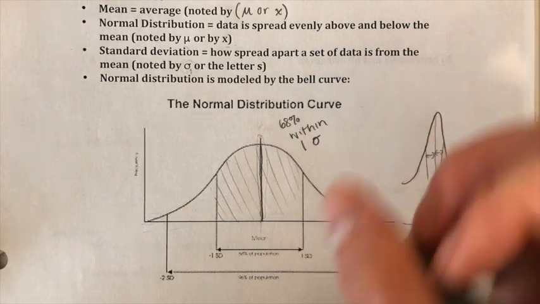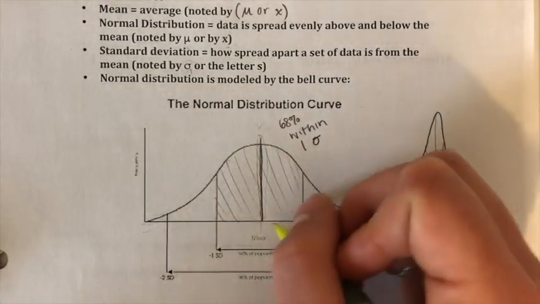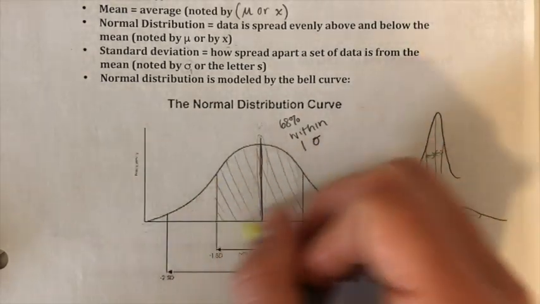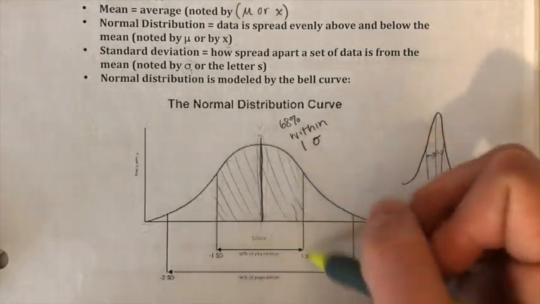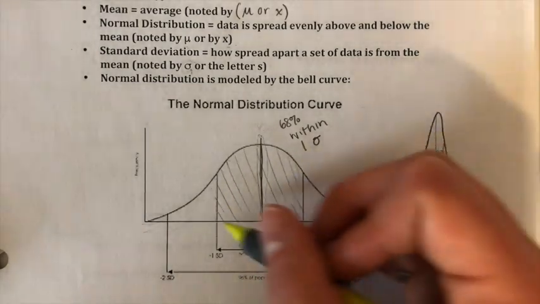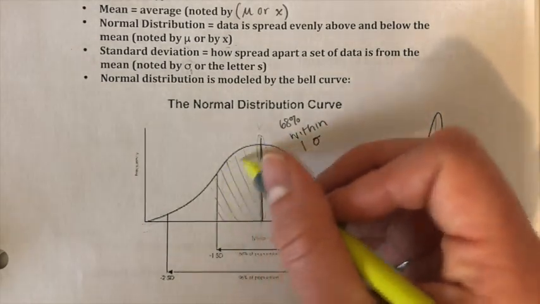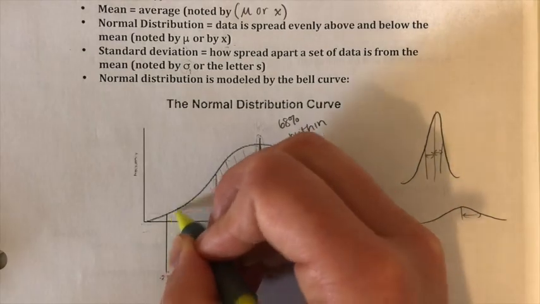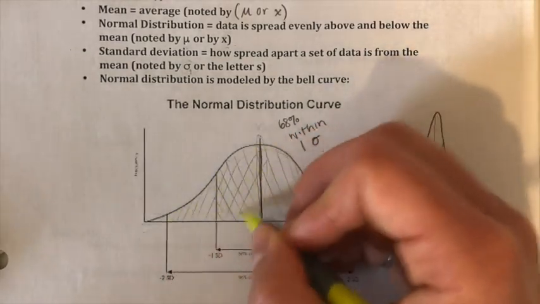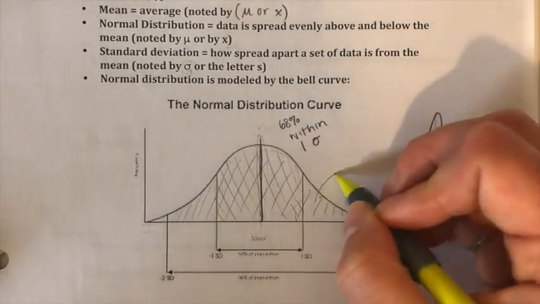So whatever they decide one standard deviation is going to be, 68% of the population is within that. That's how you can figure out what that standard deviation is: 68% of this area is this far apart.